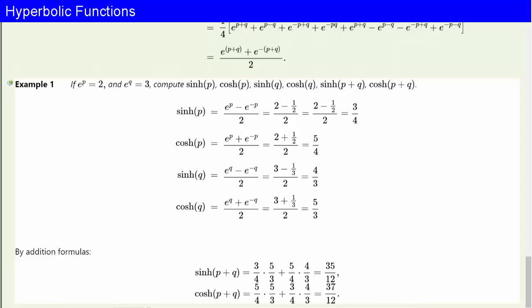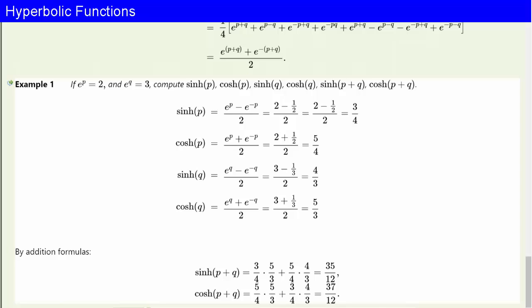Sinh of p is e to the p minus 1 over e to the p, divided by 2, equals 3/4. The cosh is the sum of e to the p and 1 over e to the p, divided by 2, 5/4. The sinh of q is e to the q minus e to the minus q, over 2, and that's 4/3, and so on. Now, sinh of p plus q, we use the addition formula.